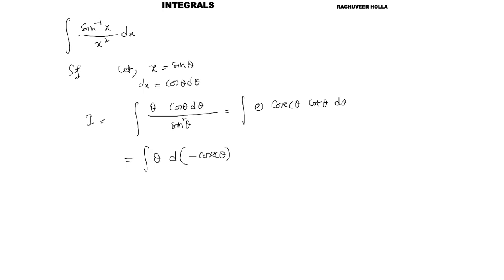Now further solving this, this is equal to minus theta cosec theta plus integral cosec theta d theta, which is equal to minus theta cosec theta plus log of (cosec theta minus cot theta) plus C. Fine.